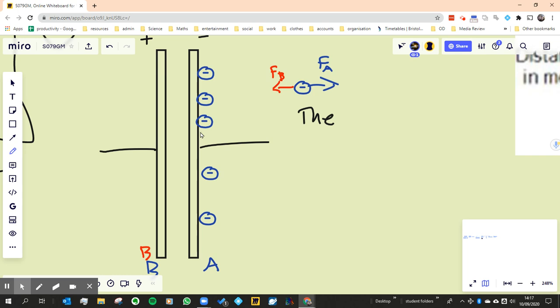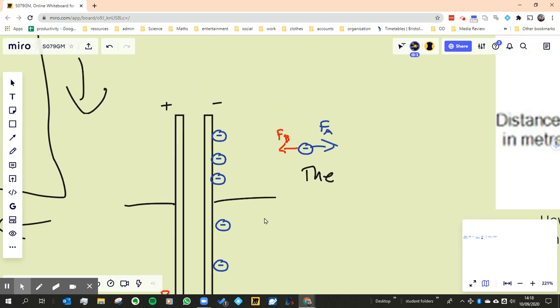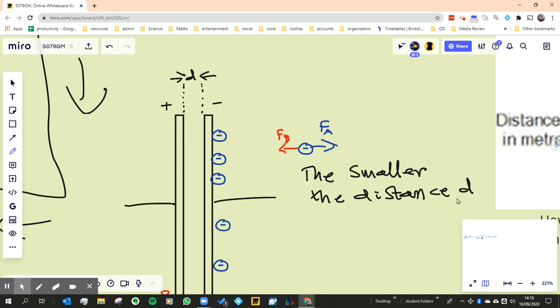So the smaller the gap. Let's zoom out so we can draw our gap. So this gap here, D, the smaller the distance D, the larger F_B is.